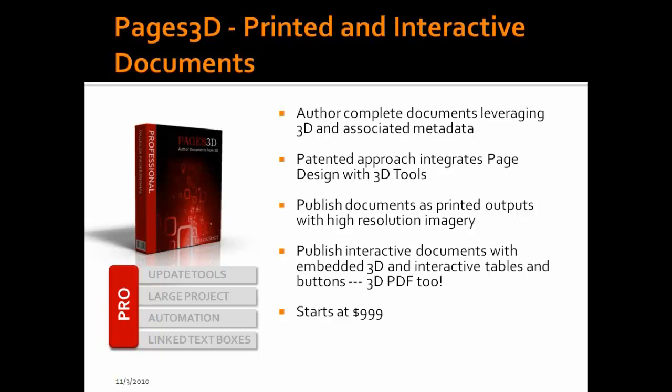Those are some of the things that you would find in the professional version of the product. But for the most part, most of the things we'll show today will be found in the standard version, and it starts at $9.99. There are a few things. We've tried to leave out most of the professional version items for our advanced features demonstration next week, and I'll give you the information on that following this demo.